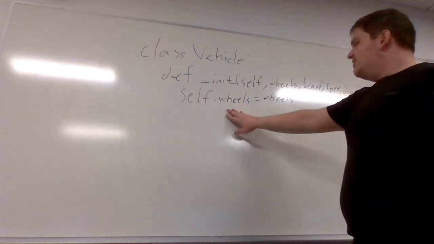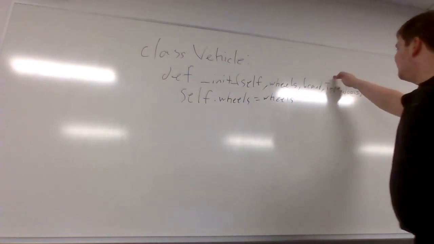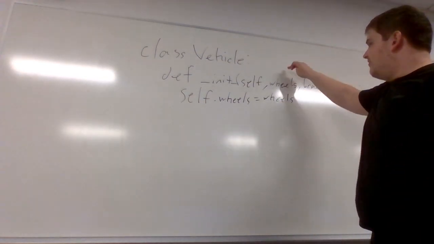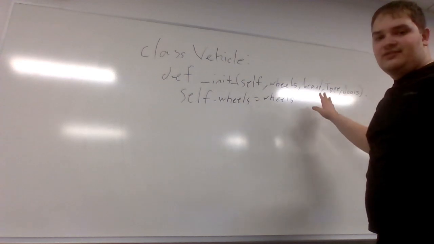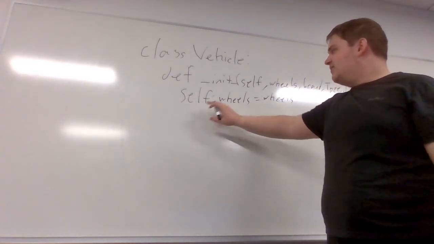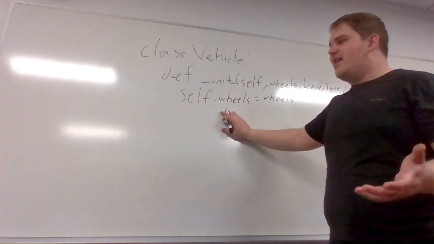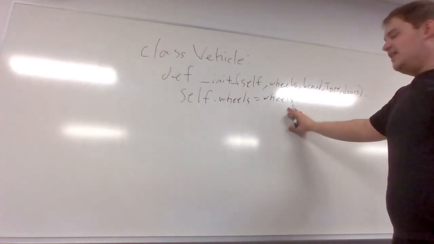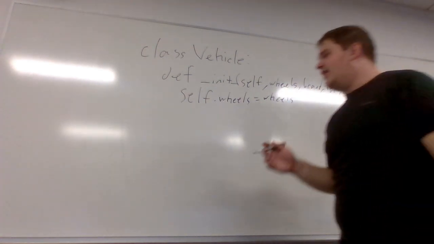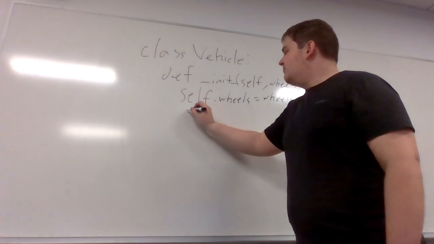Or the attribute is wheels, number of wheels, the brand, the type, and the number of doors, right? And we're going to set that equal to whatever we set these parameters to here. So when we set the object itself's parameters, like the variables that it's holding, we're going to set it equal to what we inputted when we defined it. So you'll see that in a little bit.